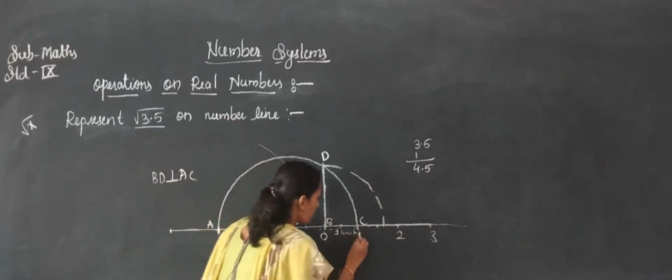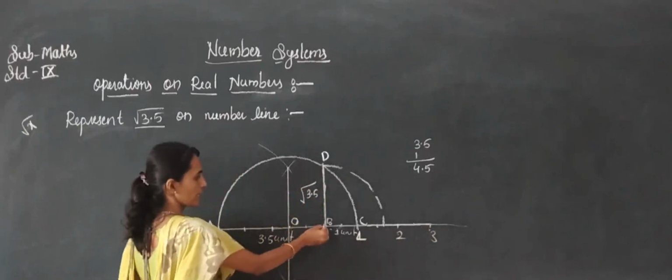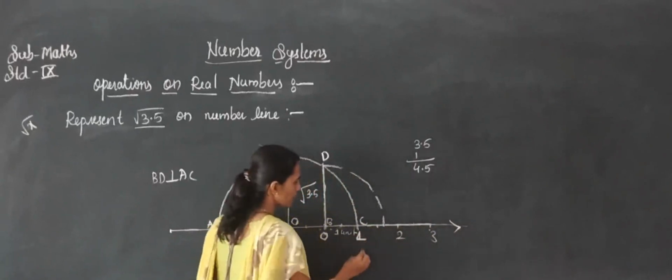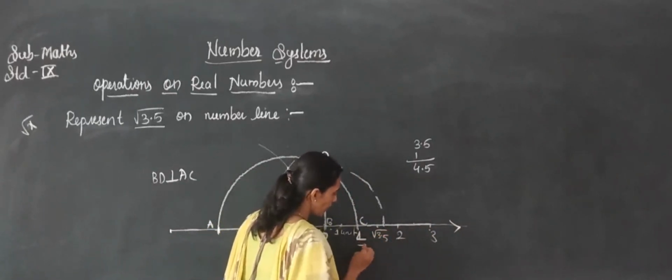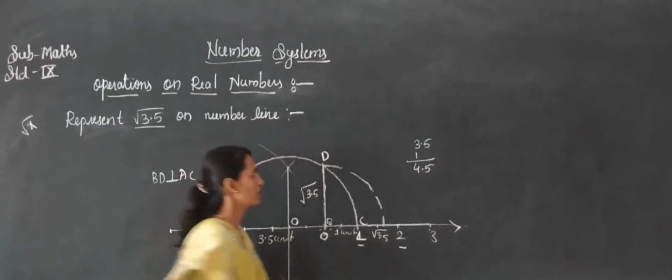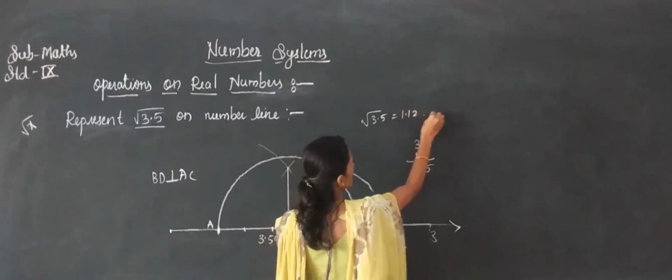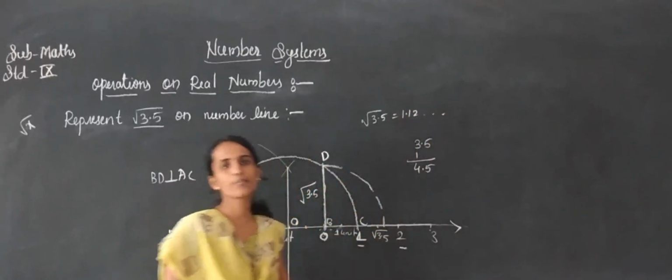So here 0, here 1, 2, 3. From where the B point perpendicular is drawn, from there we are getting here. So root 3.5 will become between 1 and 2. Yes or no? Root 3.5 value will become nearby 1.87, something like that. So that has to become in between 1 and 2. Yes, here we got 1 and 2.